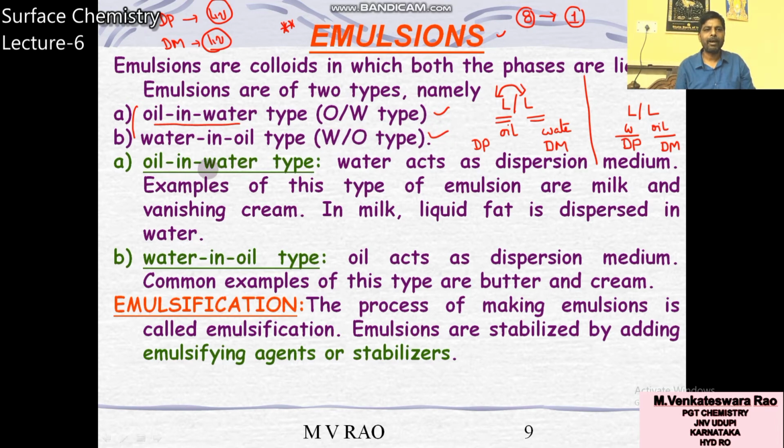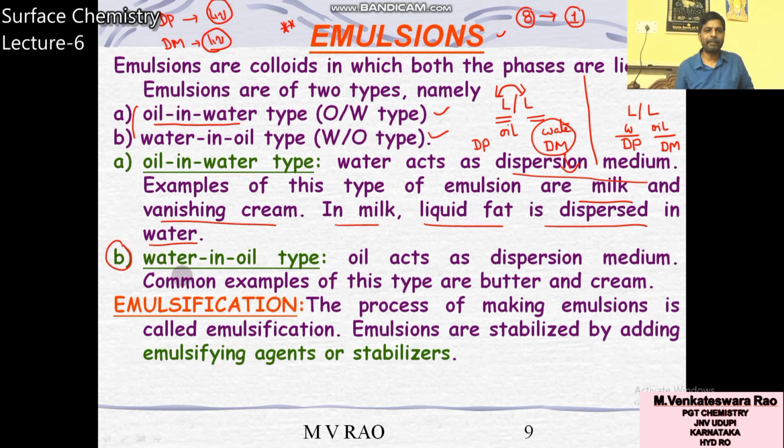In the first type, oil in water, water acts as the dispersion medium. Milk and vanishing cream are examples. In milk, water content is more and fat content is less; liquid fat is dispersed in water.